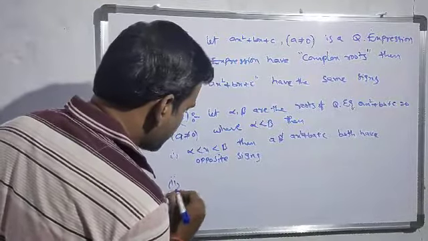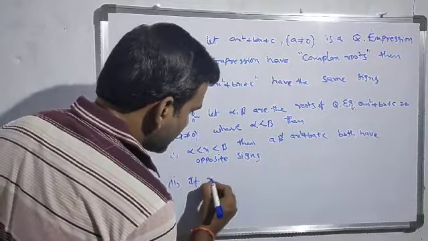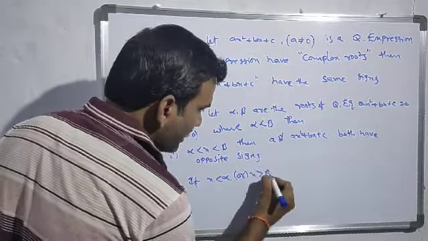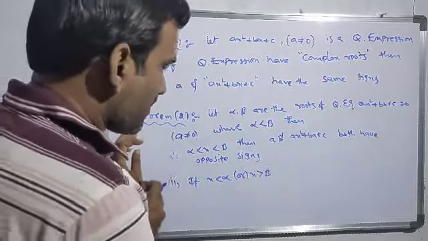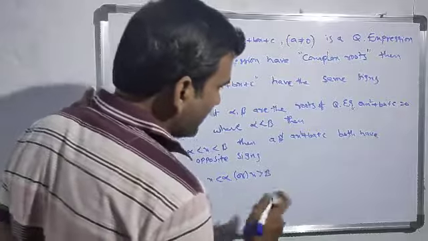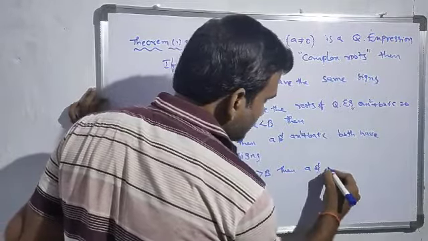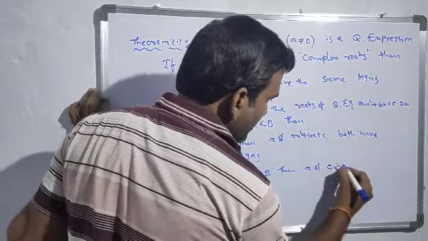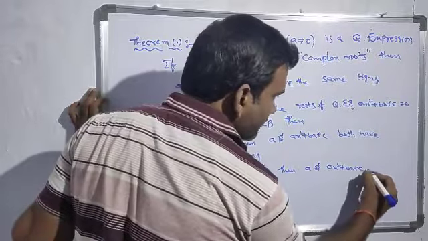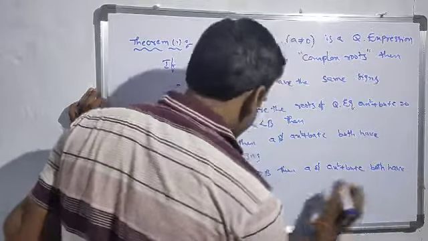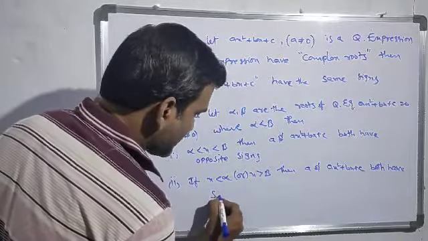Next, second content: if x is less than alpha or x greater than beta, then a and ax² + bx + c both have the same sign.